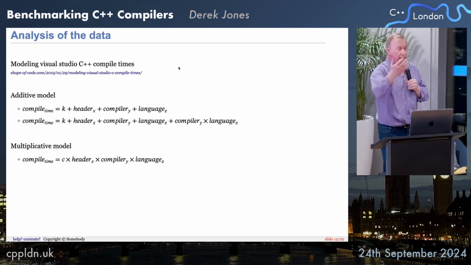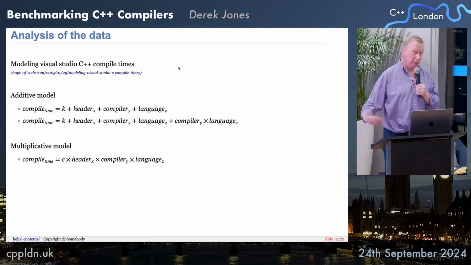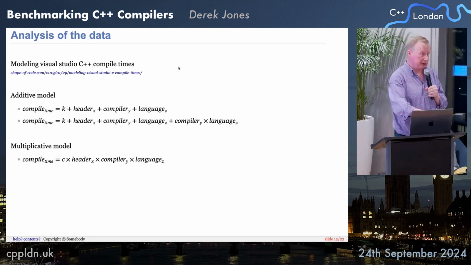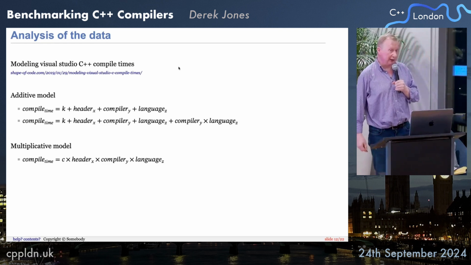So it's your knowledge as a domain expert in how compilers work to say, well, my own opinion is that the multiplicative model is a better model of reality. So how do you think those two models map to reality? And that's your expertise.